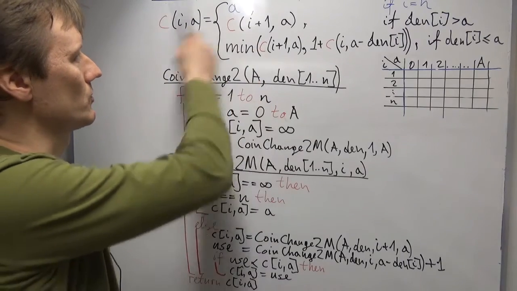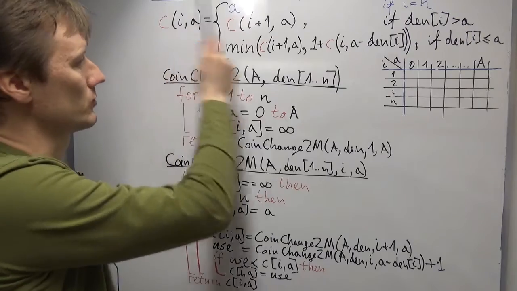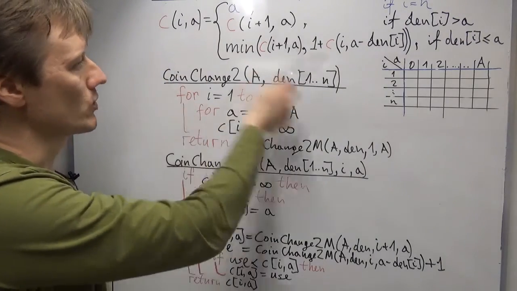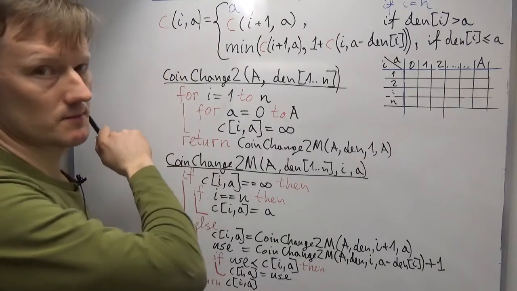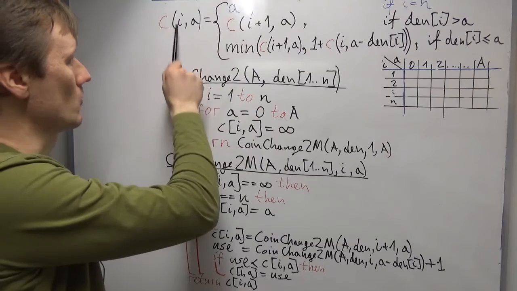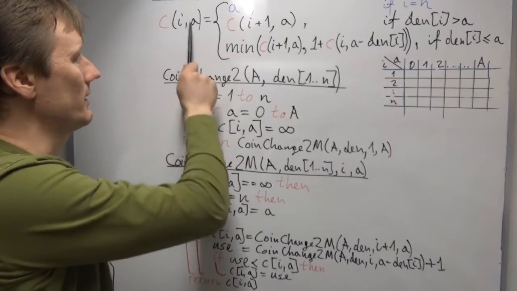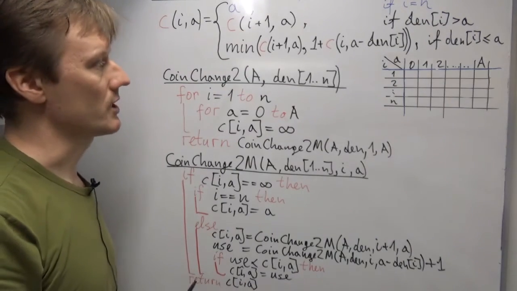So to write an algorithm using this recurrence, we have to create an array of solutions to subproblems, which is a two-dimensional array in this case, because we have two parameters defining a subproblem, which is i, the index in the denomination array, and A, the amount that we are left, that we have to change.